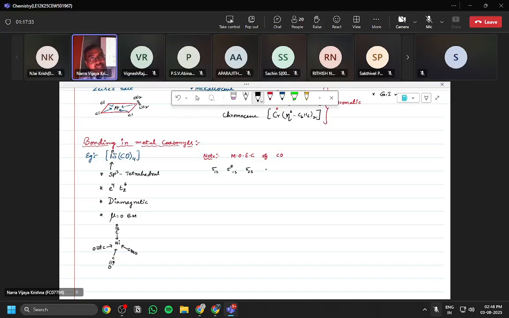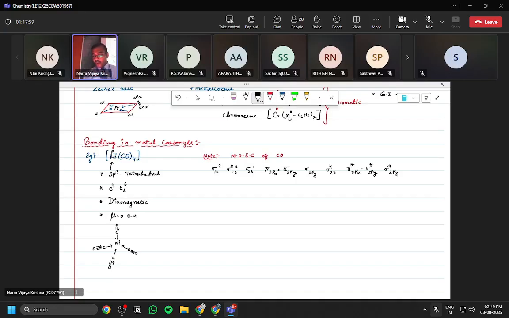So pi comes first: pi 2px equal to pi 2py, sigma 2pz, then sigma star 2s, then pi star 2px equal to pi star 2py, sigma star 2pz. Now I need to fill electrons, totally 14.